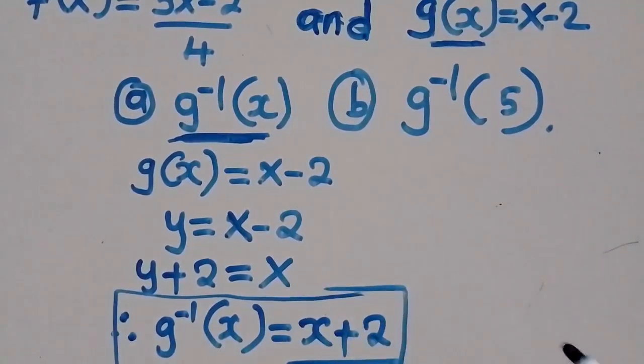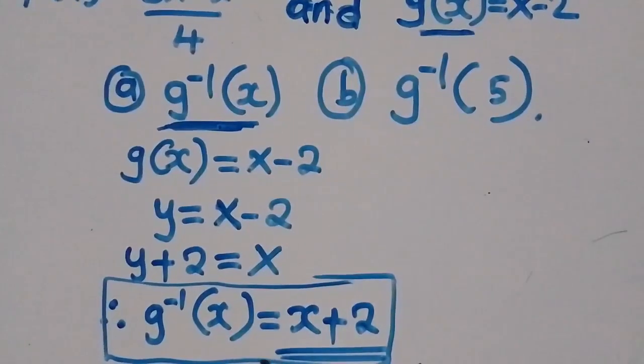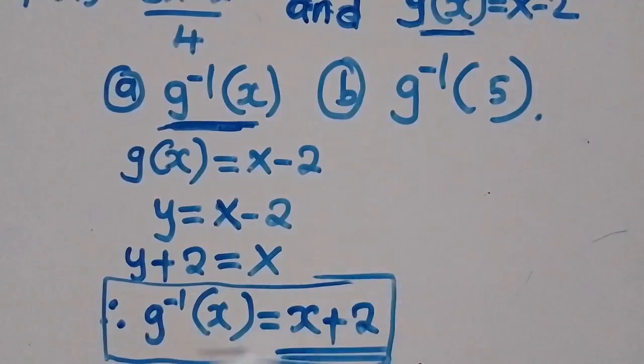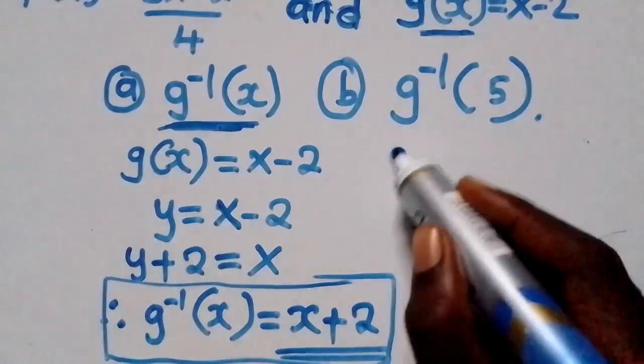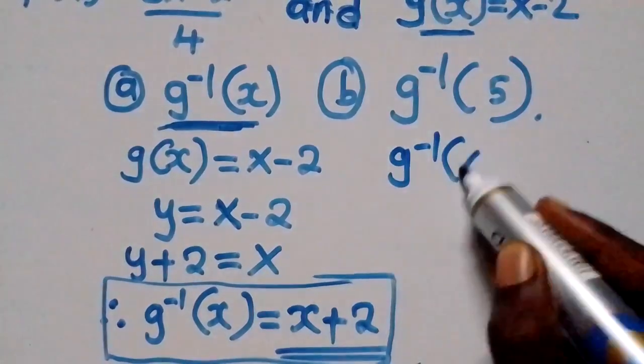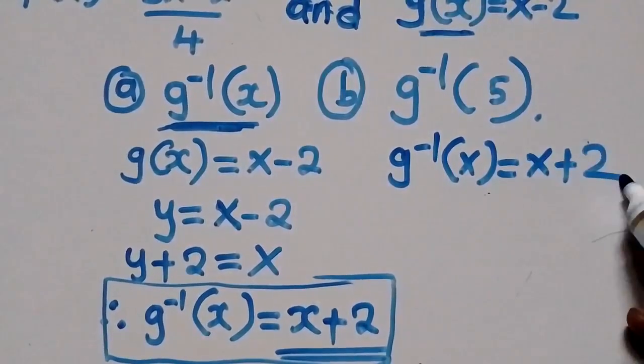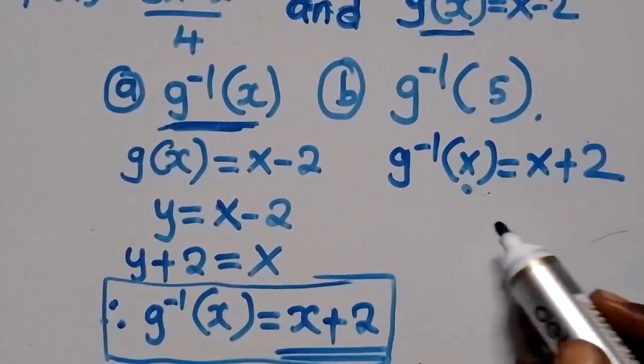In other words, if you were not given this one, for you to answer this question, you need to find this one here. So you need to start from the first steps which I was doing. So you say g inverse of x is equal to x plus 2. Then where there is x, you put 5.